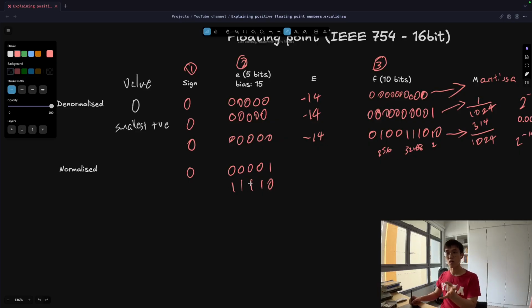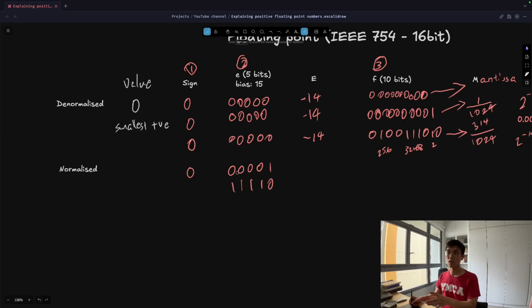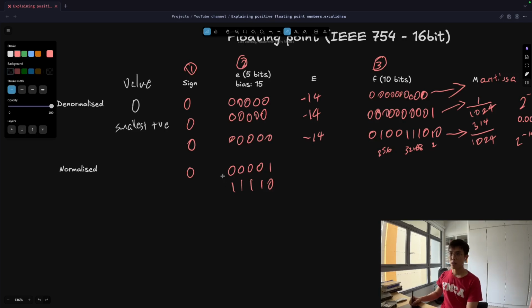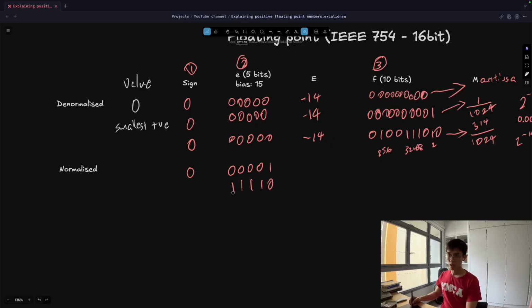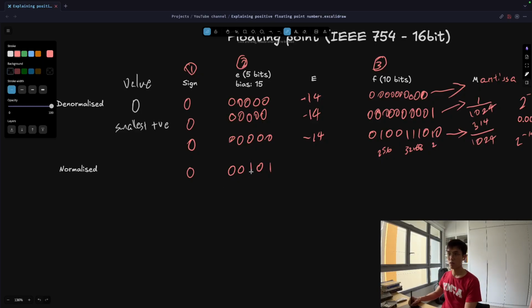So we are only going to talk about normalized values today. So the value of E for a normalized floating point number is between 1 and 1 less than the greatest value of E. In this example, I will use a value of E that is not 1, just to illustrate something different. Let's maybe 0, 0, 1, 0, 1, right? So 1, 2, 4, this is 5.